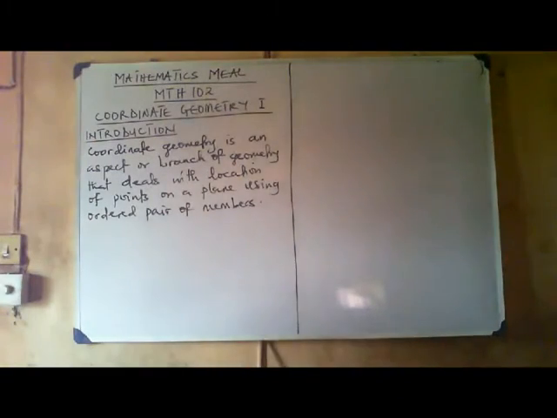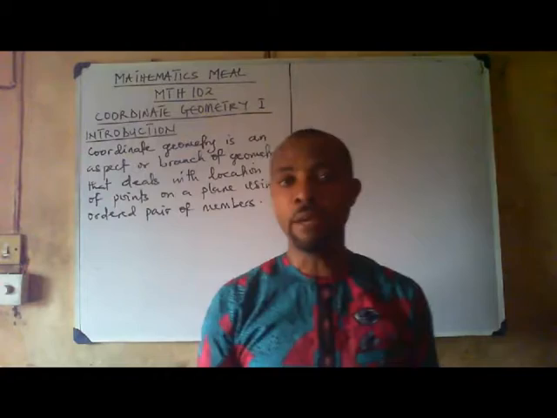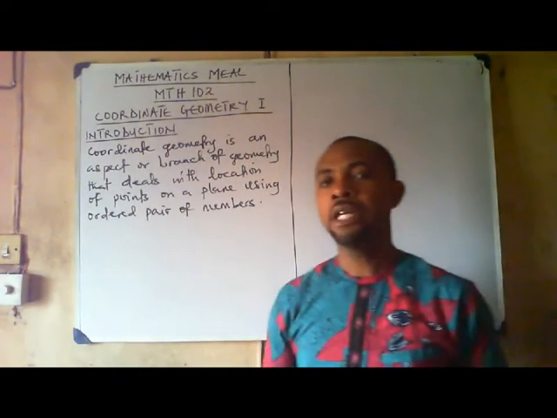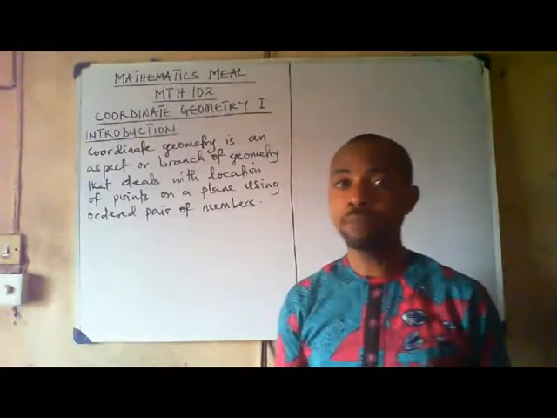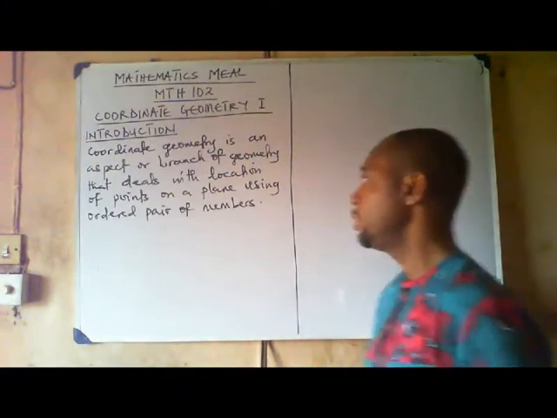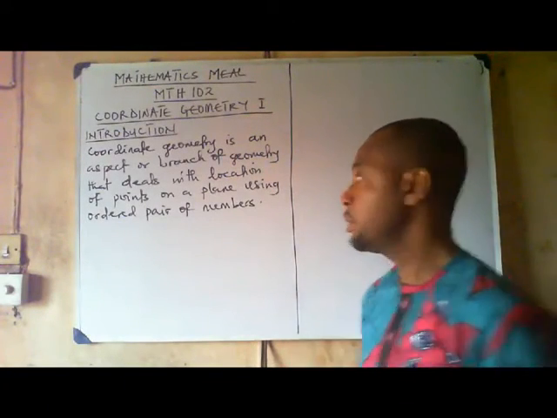So the aspect of mathematics that is concerned with location of points on a plane using ordered pair of numbers, that's the aspect of geometry we refer to as what? Coordinate geometry.